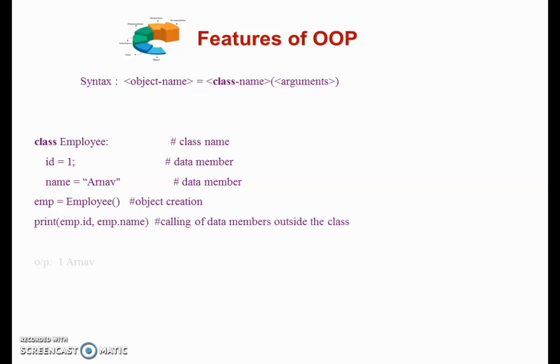I simply write in a print function the name of the object followed by the dot operator, then the name of the data member. The same thing happens with name. Again I write the object of the class, emp, then the dot operator, then the name of my data member. So it will definitely show us the output as id 1 and name Arnav.